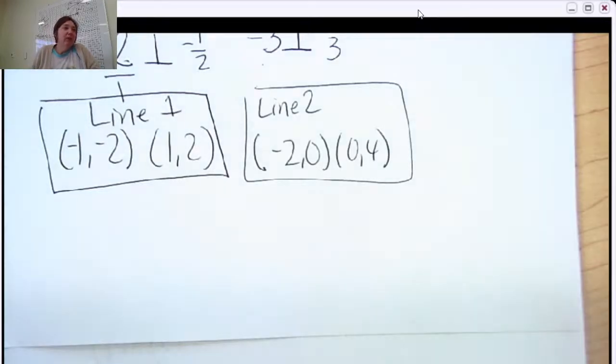Technically, we probably should find their y-intercepts, but I'm going to be okay with you just finding their slopes for now. Later on, I may hammer you a little bit to find y-intercepts. If you find their slopes, what kind of slope is parallel? Same. What kind of slope is perpendicular? Opposite reciprocal. And neither is if they're not either of those.